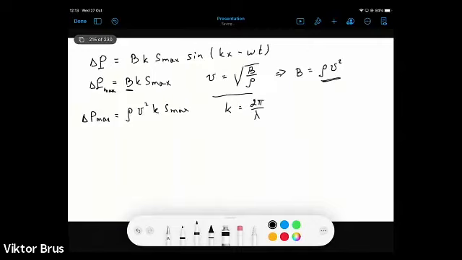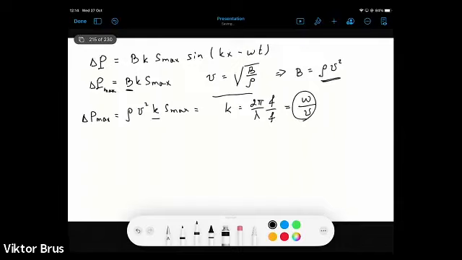So if we now multiply and divide by frequency, we will have angular frequency in the numerator, and lambda times frequency, which is speed of sound, in the denominator. So again, we substitute K with its expression.